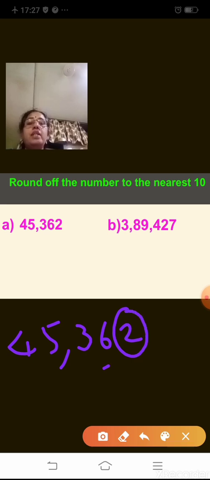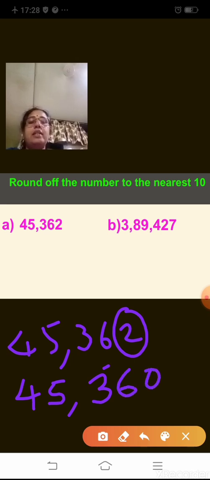So in the ones place you will put 0, and the number 6 in the tens place you will not change, you will keep it as it is. So when you round off the number, it becomes 45,360. Okay, in the ones place you put 0, and in the tens place you do not change the number, so it becomes 45,360.